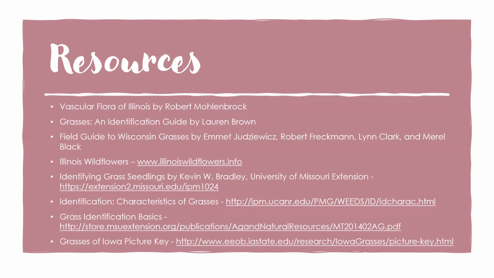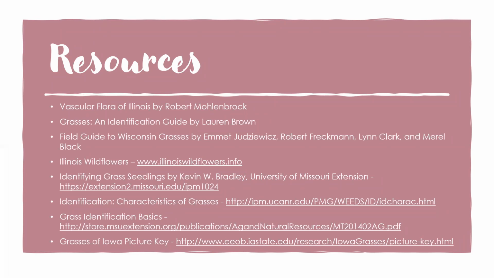If you are in Illinois, the Illinois Wildflowers website is fantastic. And I especially enjoy it for grasses because he will distinguish between grasses that look similar to that grass that he's talking about. So he'll have a description of, say, big blue stem, and then he'll say, you know, this other grass looks similar, and this is how you can tell it apart.